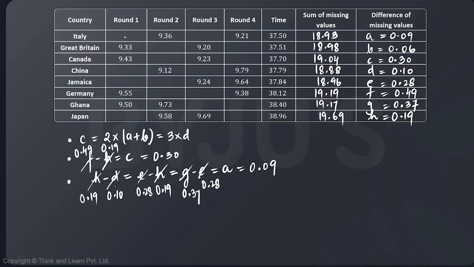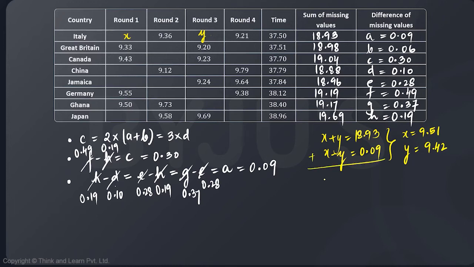Now, suppose this is, it's not A, let's take a new variable. So let's say this is X and let's say this is Y. Then we do know that X plus Y is 18.93 and we do know that X minus Y is 0.09. If we solve this by taking the addition and the average and the difference and then the average, from here we will be getting the value of X as 9.51 and we will get the value of Y as 9.42, right?